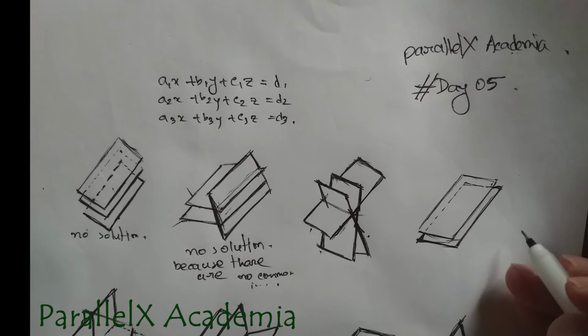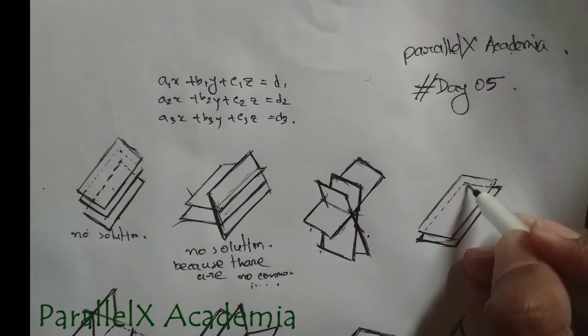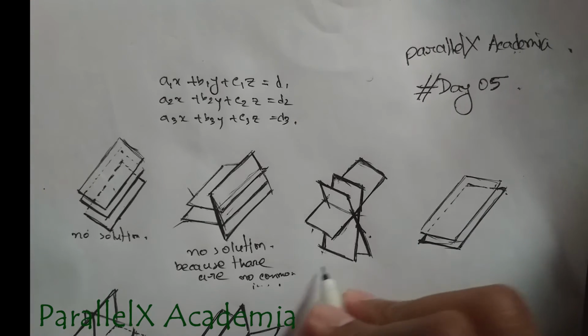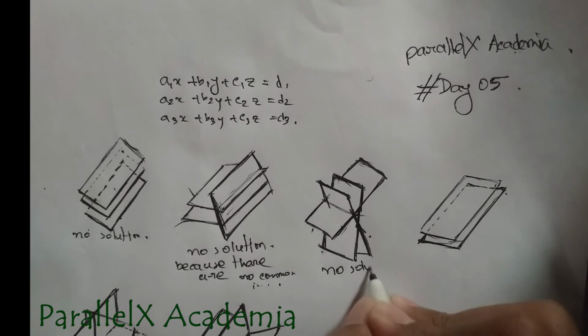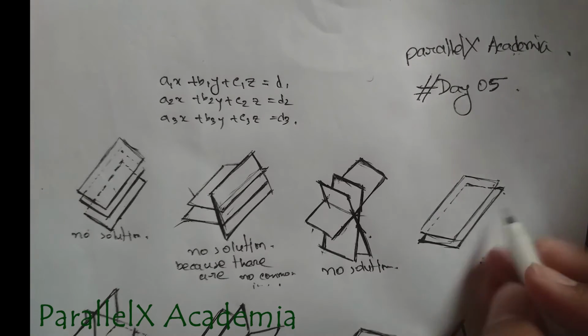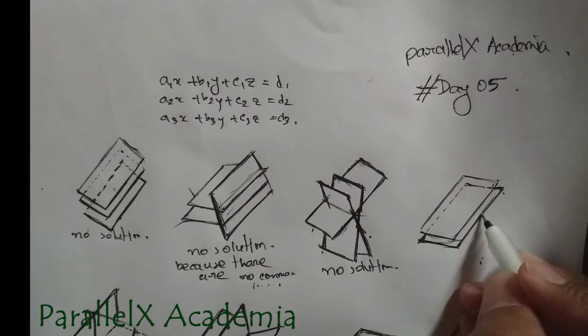Again, look at this picture, or figure, should I say. Look at this figure, what we see here. Here is no solution. But if you look here, 3 planes are parallel to each other, but two of them are coincident.